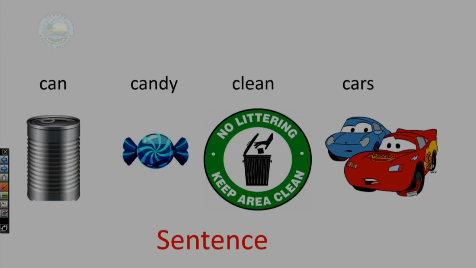So let me take my pen here, and I'm going to write, instead of having can, I want to write the word can, capital C-A-N. Now I'm going to move on to candy. Is candy here in this sentence a sweet? I don't think so.